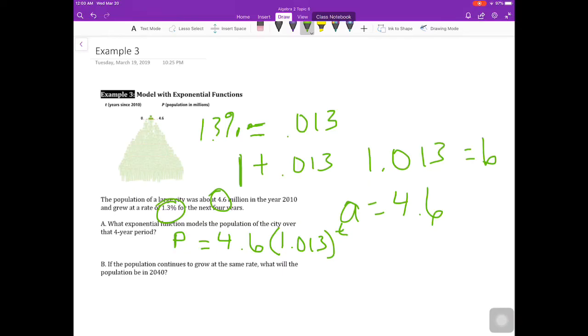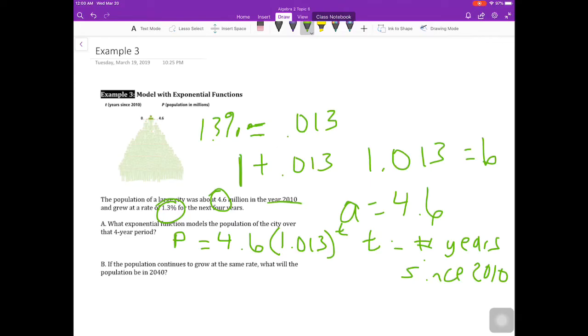And we want to think about how the time changes. So that t is the growth. Oh, hold on. Let me say this a different way. That is the number of years since 2010, because that's where it tells us that we started.